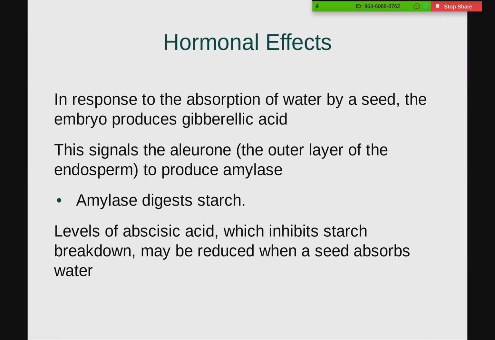I should just make mention gibberellic acid is a plant hormone. Levels of another hormone, abscisic acid, which actually inhibits starch breakdown, also are reduced during this time when the seed absorbs water.